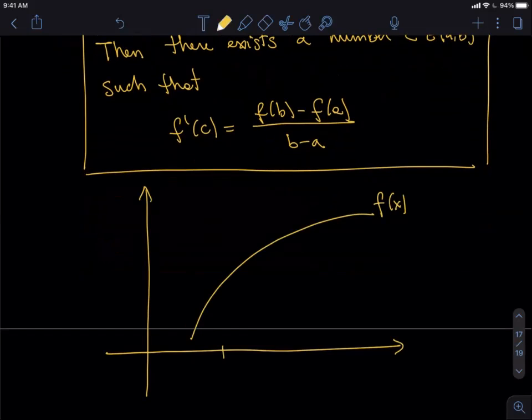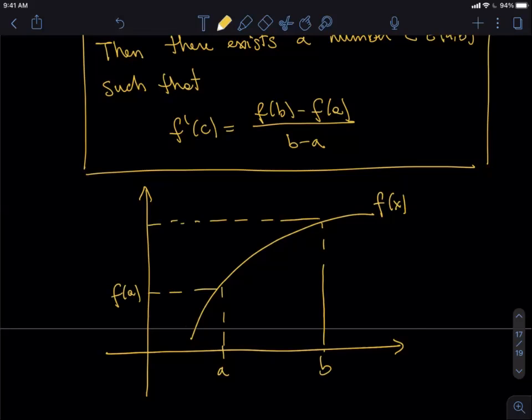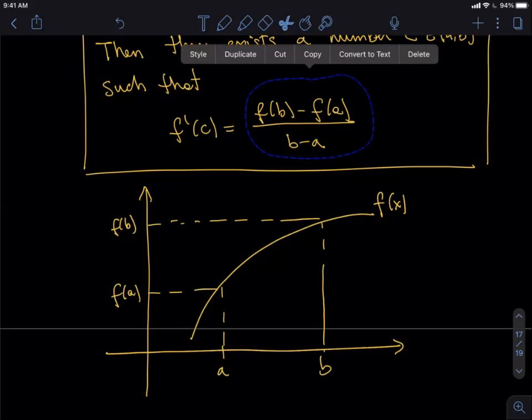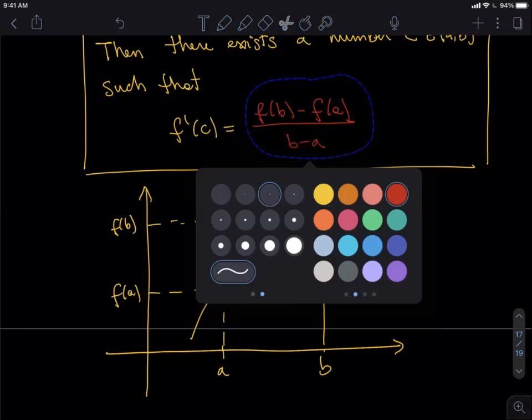And we have a point A and a point B, just as in the theorem, and we have f of A, f of B. So what is this quantity, f of b minus f of a divided by b minus a?